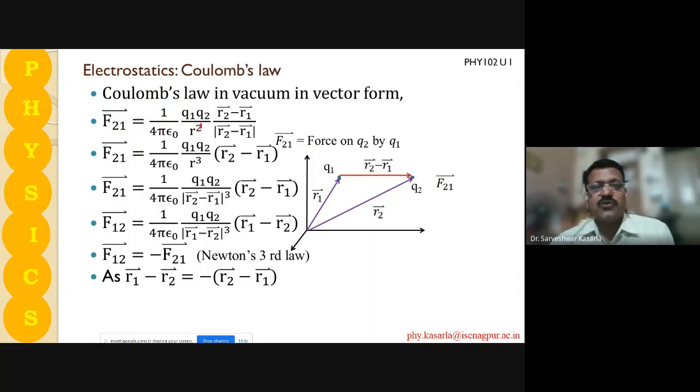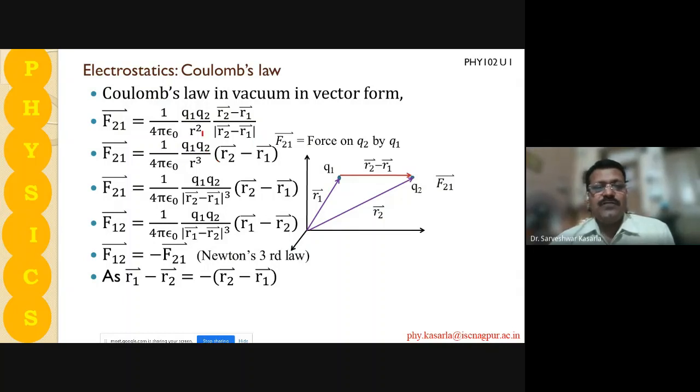This is the magnitude, and its direction is given by the unit vector along this direction, that is, the vector divided by its magnitude.